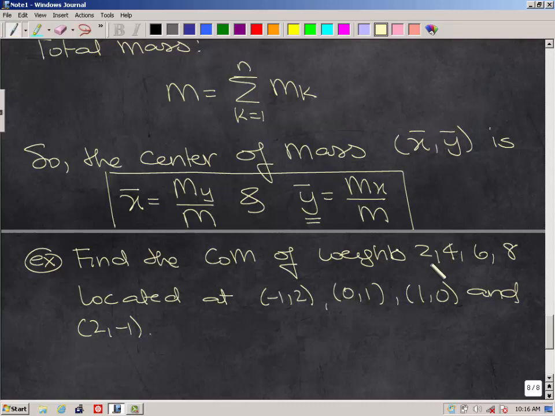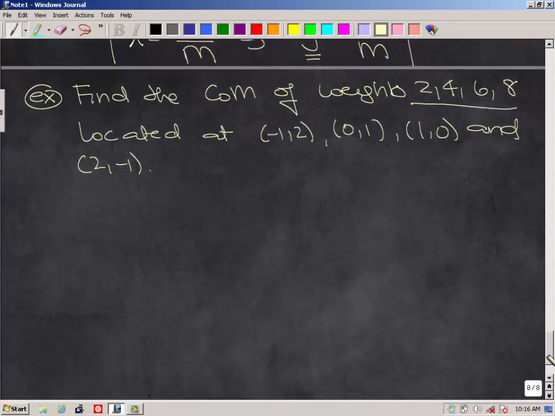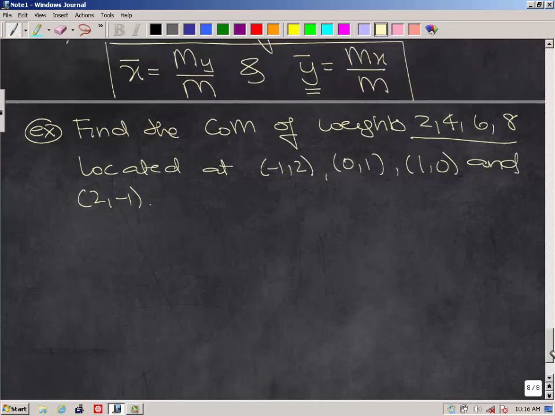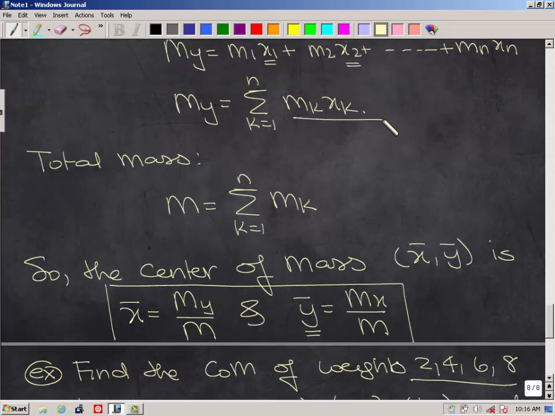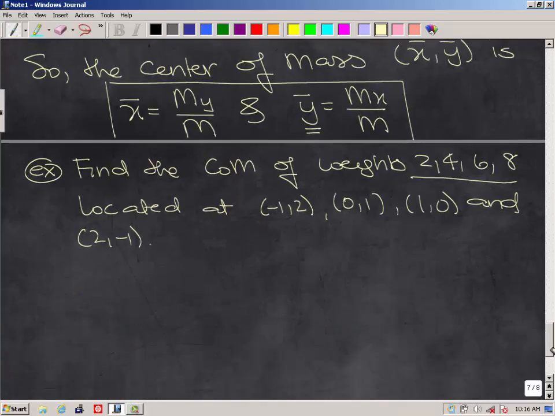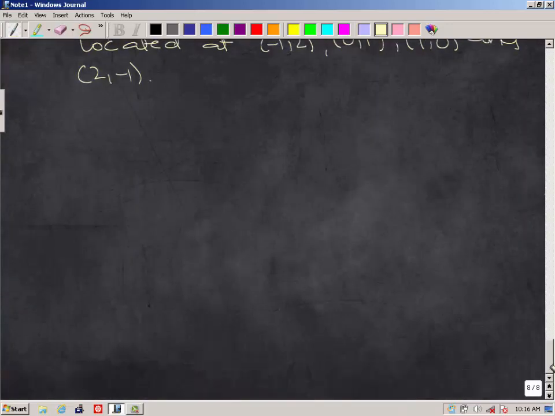So we have these 4 masses scattered in the plane at these locations. We want to find the center of mass. Once again, we can use these summation formulas, or since we only have 4 masses, we can just expand it and do it.